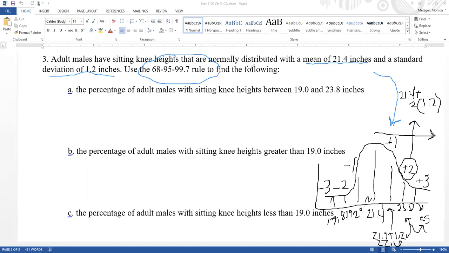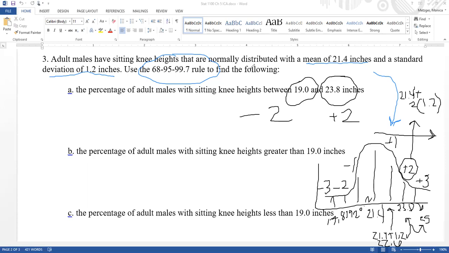So I have our curve labeled here, and I can see that 19 is 2 standard deviations to the left, and 23.8 was 2 standard deviations to the right.